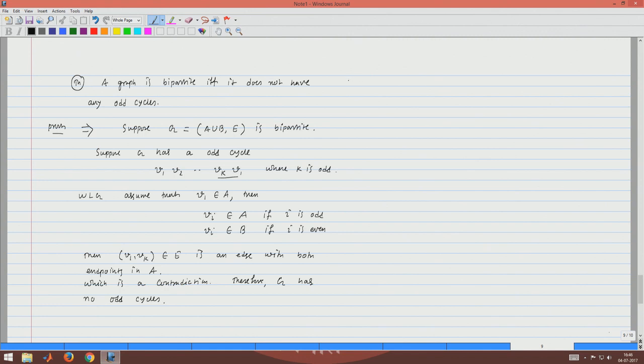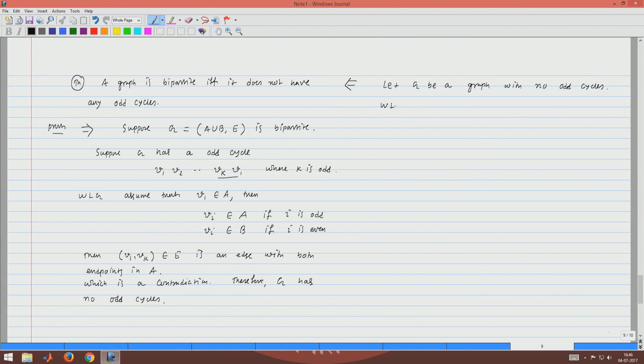Next we prove the other part, that let G be a graph with no odd cycles, then you have to prove that G is bipartite.